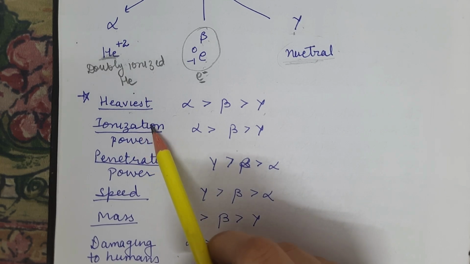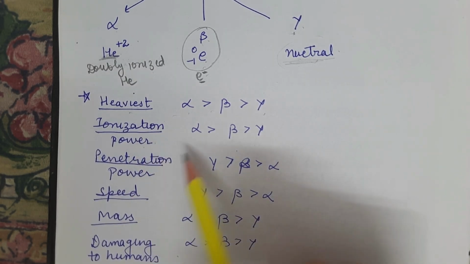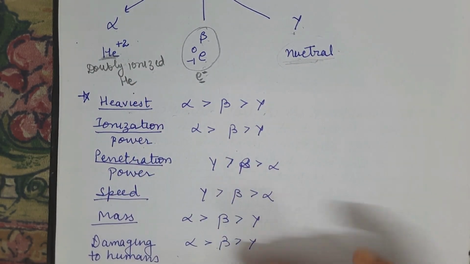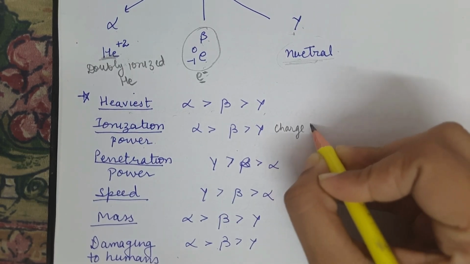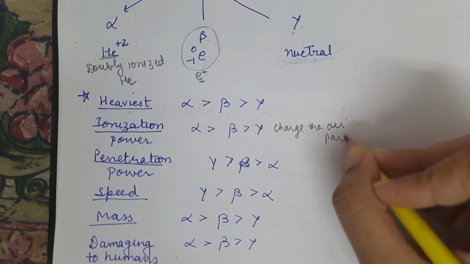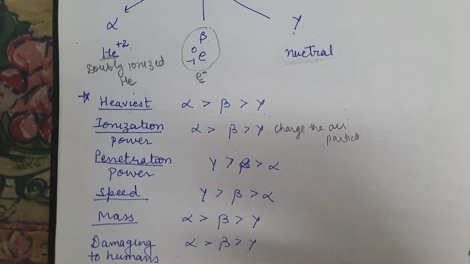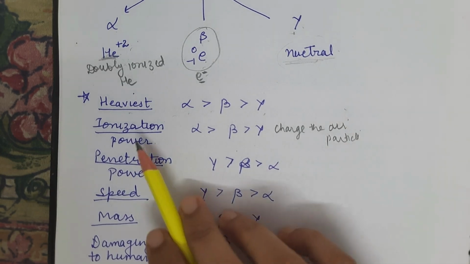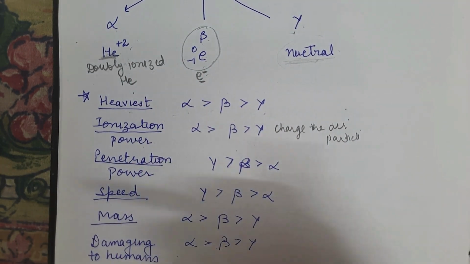Now, what is ionization power? Ionization power is the ability of any radiation to charge the air particles, because these radiations would be traveling in space or the environment, and we know in the environment we do have air particles. So out of these, which can charge the air particles easily?